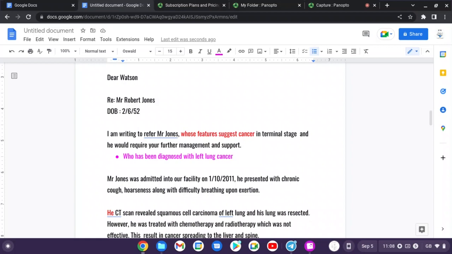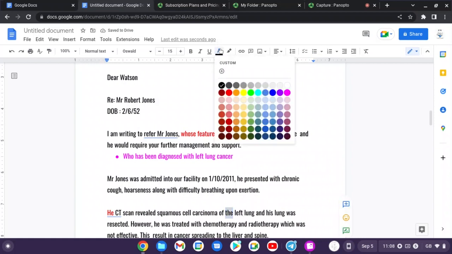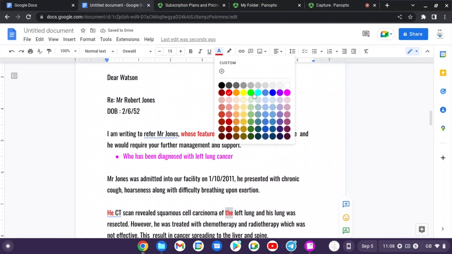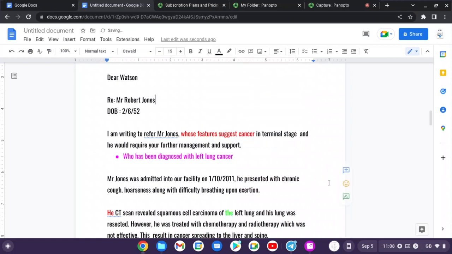Was lung resection done or not? Articles are needed here: specifically it should be the left lung, which is definitive, so an article should be added before left lung.